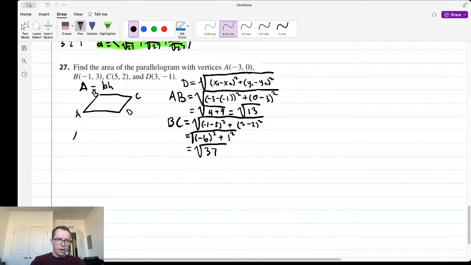So the area then becomes square root 13 times square root 37. That's easy.